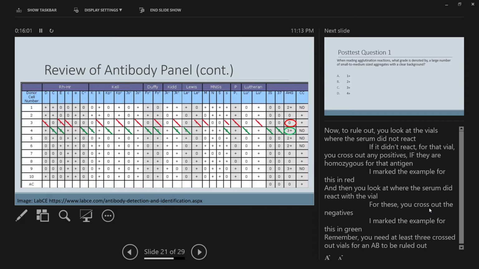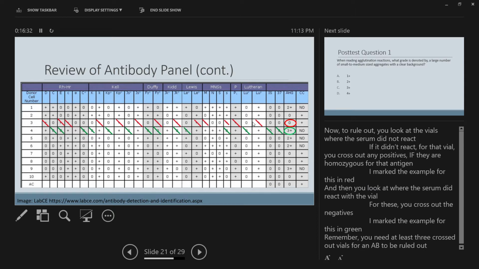If you look at the red, it's where the antigen and the serum, the antibody, there is no agglutination reaction.